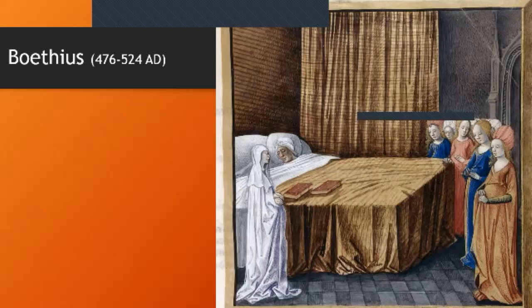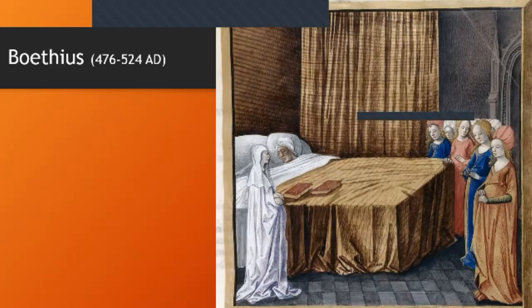And it was at this moment, when he's imprisoned on false charges, awaiting execution, that he wrote his Consolation of Philosophy, with his own circumstances as a condemned prisoner providing the setting for the work. The work is a dialogue between Boethius the prisoner and the personification.